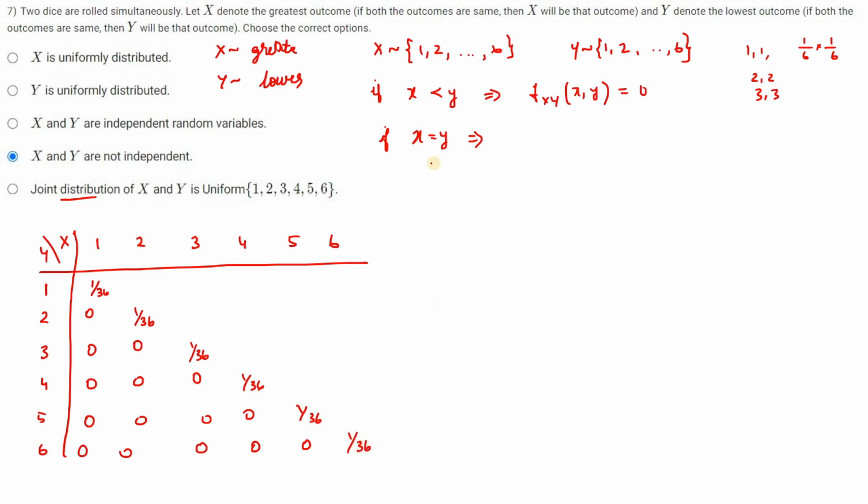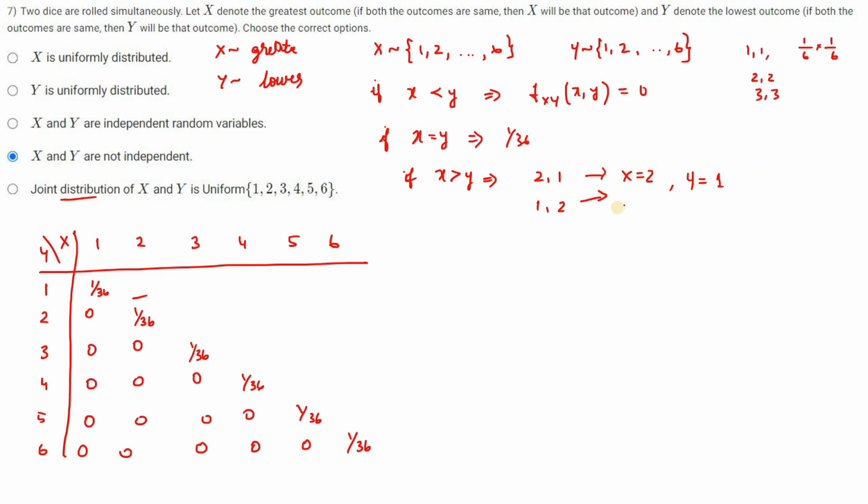So now, what if x is greater than y? What will be the probability for that? Let's take one particular example, 2 comma 1 for this particular element. I can get 2 comma 1 as the outcome or 1 comma 2 as the outcome. For both of these conditions, x will be equal to 2 and y will be equal to 1.